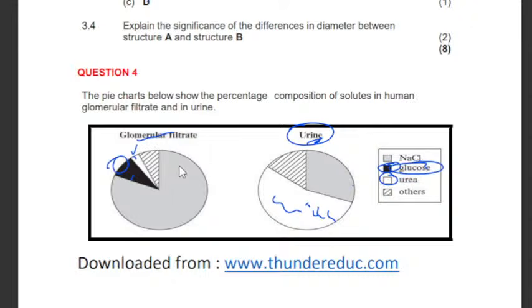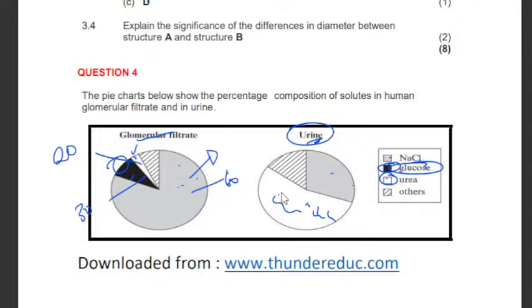Now if you look at sodium here, it is too much. What made urea to be big is that sodium, for example here, let me just give an example. If this is urea, and it is 20%, I'm just giving you an example, and this one is 60%, and then this is glucose, maybe 30%.